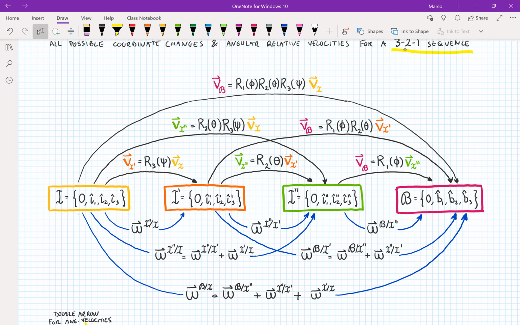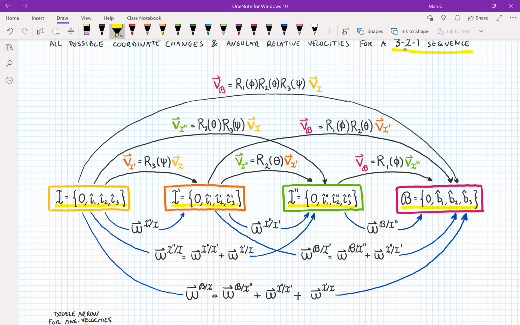So let's try to read this schematic. In the center line, we have the 4 reference frames. We have the 2 major ones that we're really interested in, which are the inertial frame of reference, I, in the first place, and then I jump directly to the body frame of reference. The other 2 frames of reference, I prime and I double prime, are just used to get step by step from I to B.